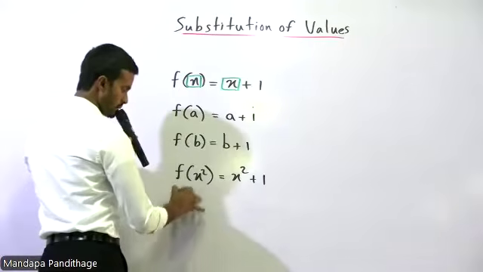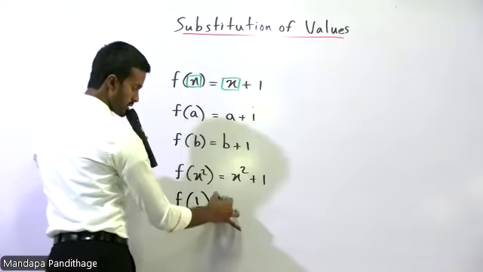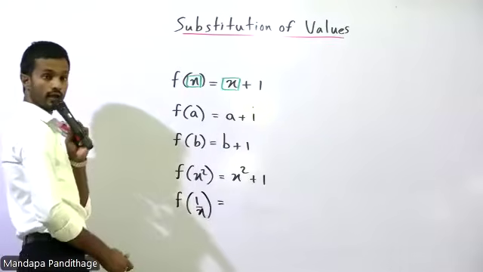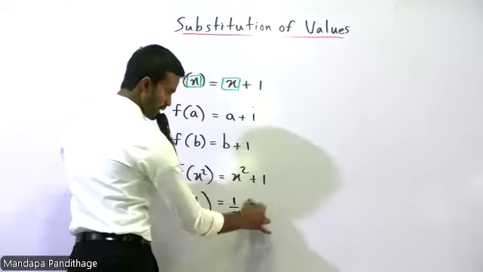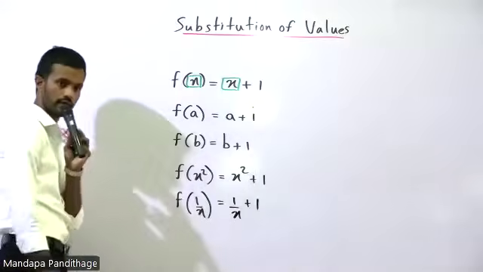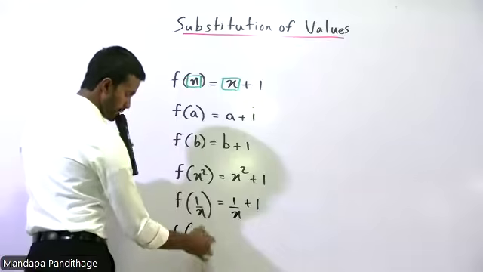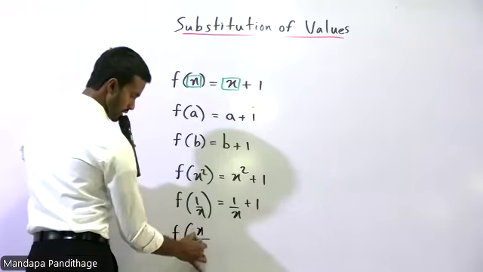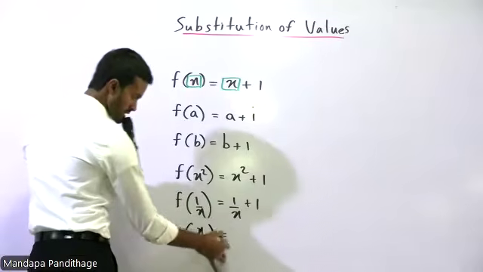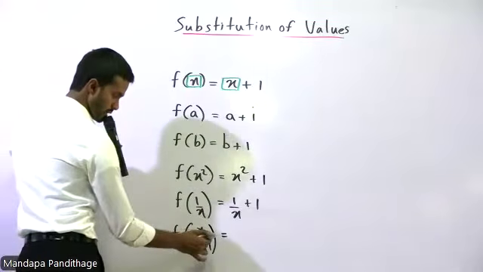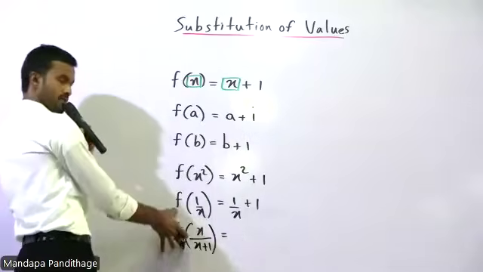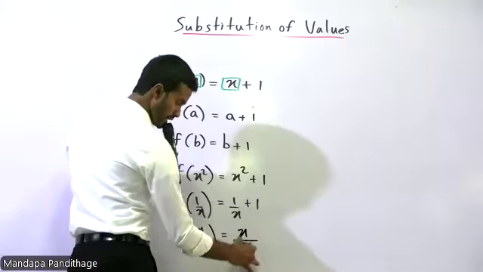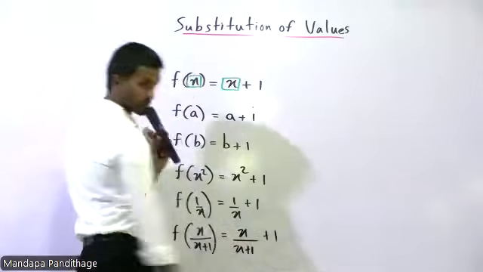Okay, now let's say I'm having something like f(1 over x). Now tell me, f(1 over x) is equal to what? It's 1 over x plus 1. Clear? If I have something like x over x plus 1 inside, then this is equal to x over x plus 1 plus 1.